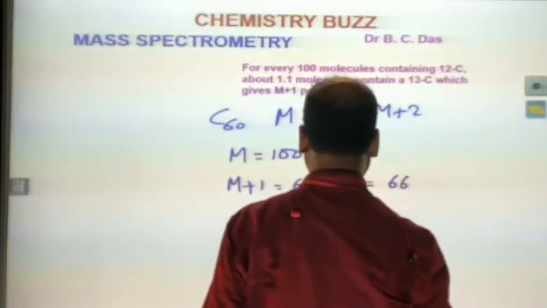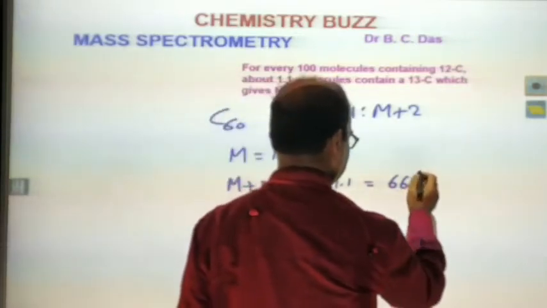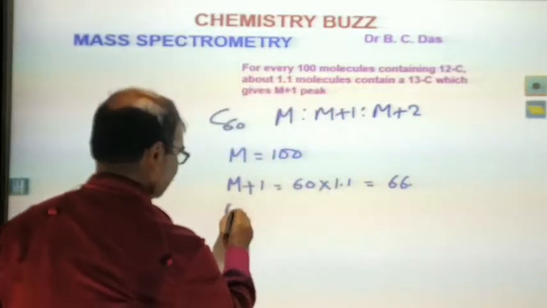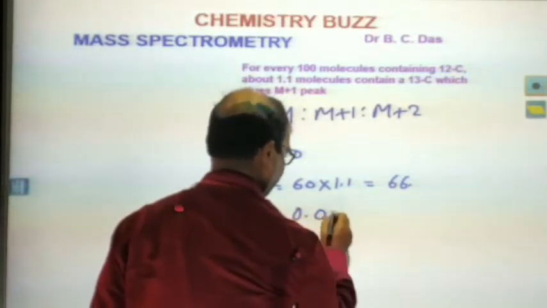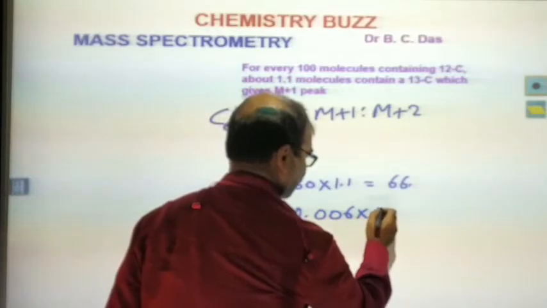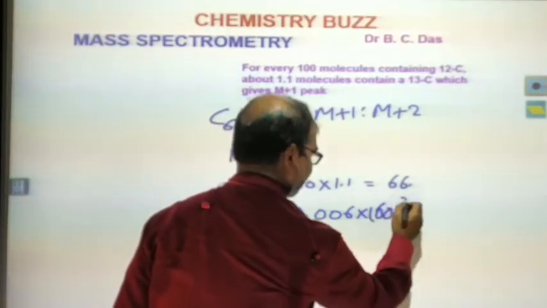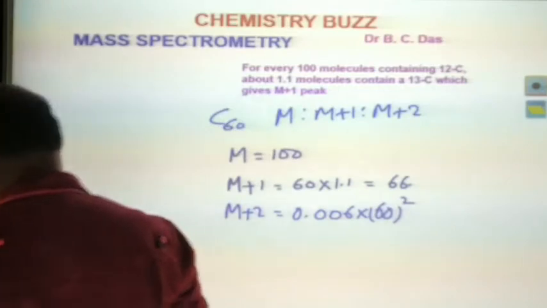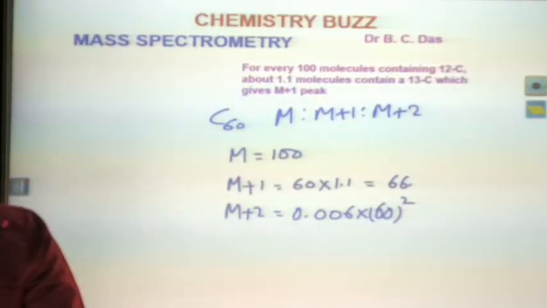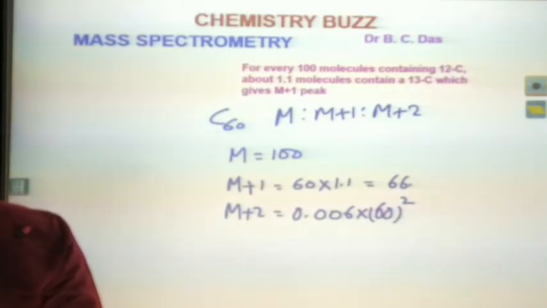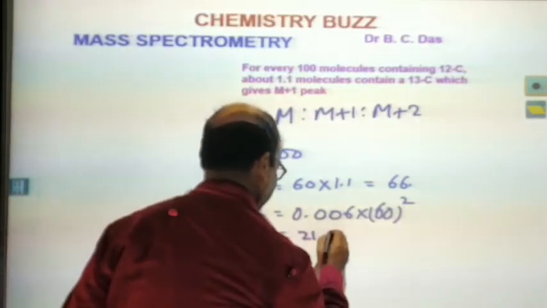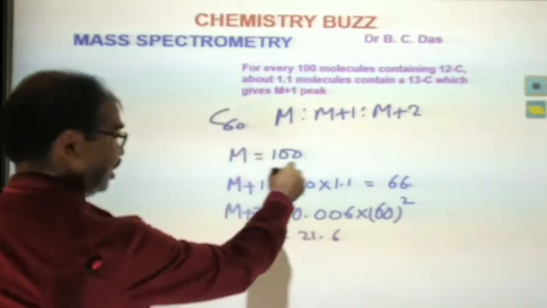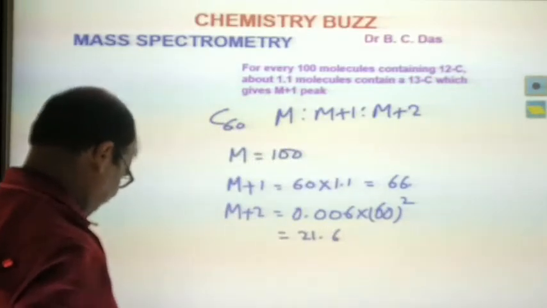So M plus 2 will be 0.006 into 60 square. So this will be 21.6.